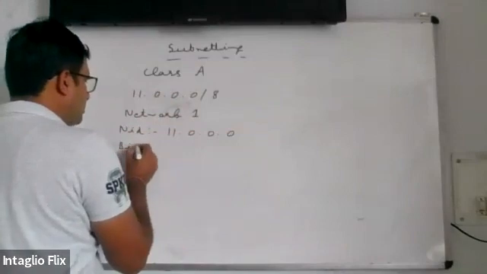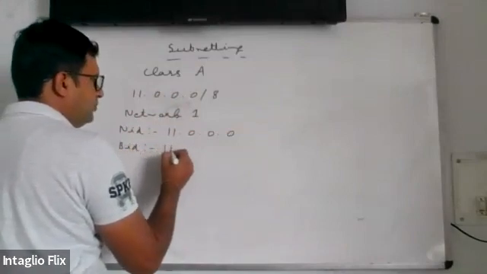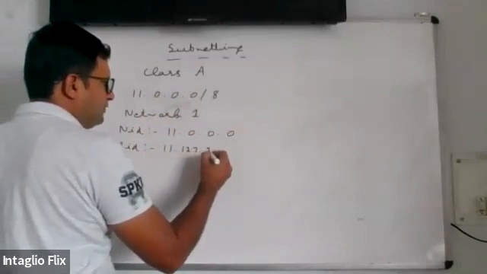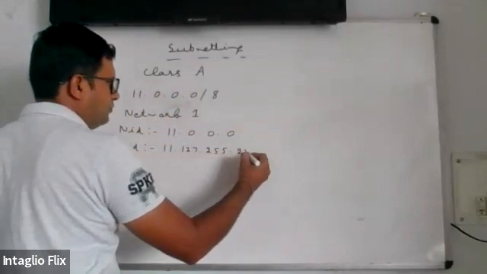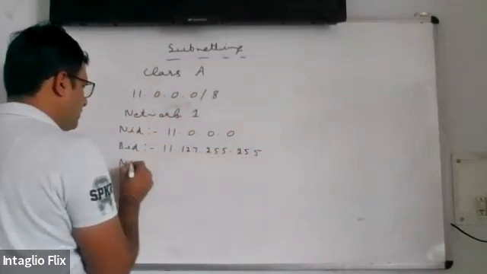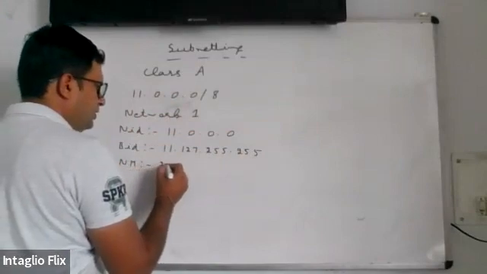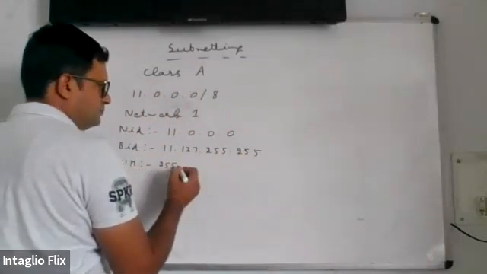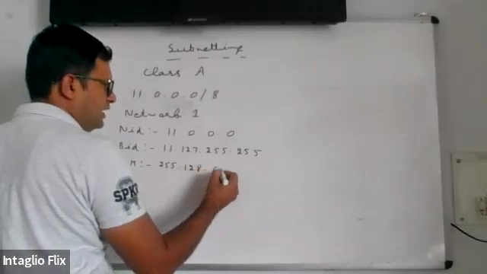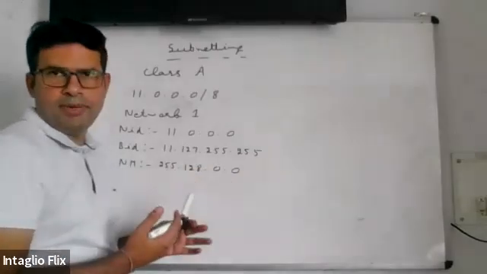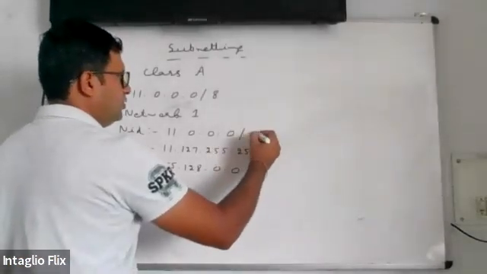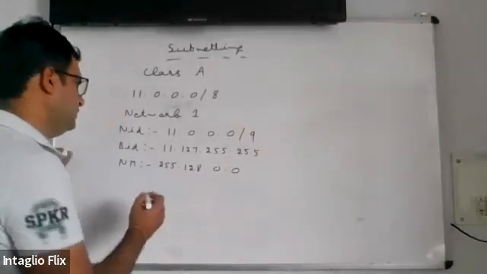What is going to be its broadcast ID? Its broadcast ID is going to be 11.127.255.255. What is going to be the net mask? So net mask is going to be 255.128 because we have already borrowed a bit, right? And this value is going to be /9 now.